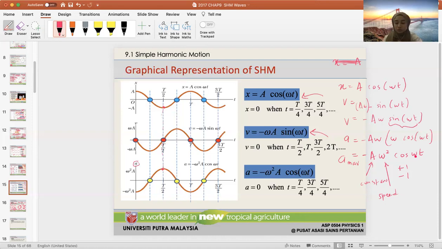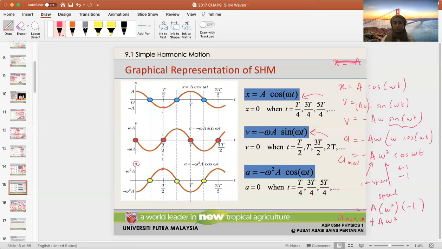Okay? And I told you, for convention's sake, your A maximum should be positive. So here, minus A omega squared times minus 1, which is the cosine. So that is how you get your equation to be positive A omega squared as your A maximum.